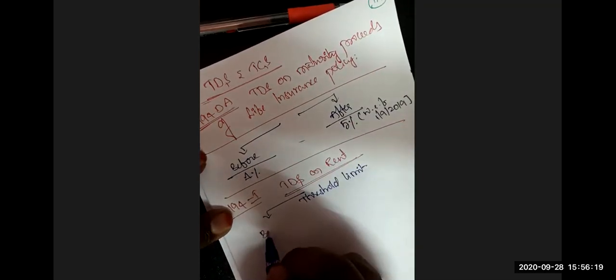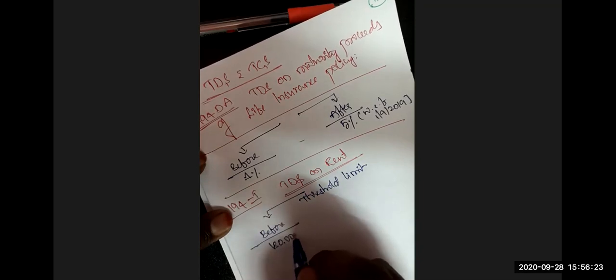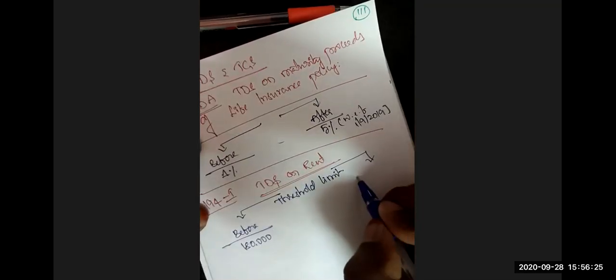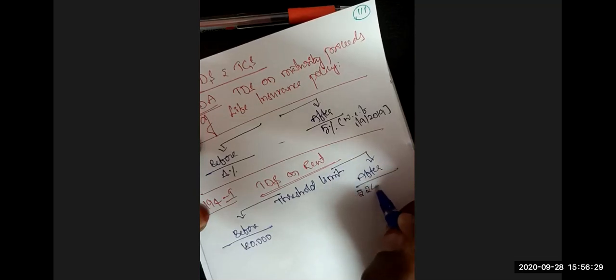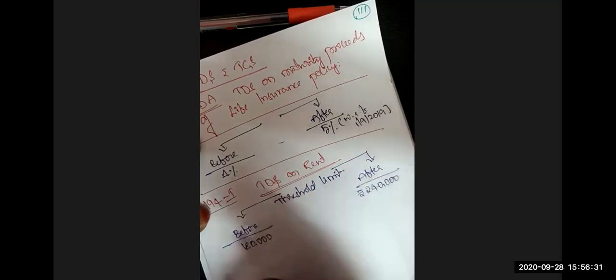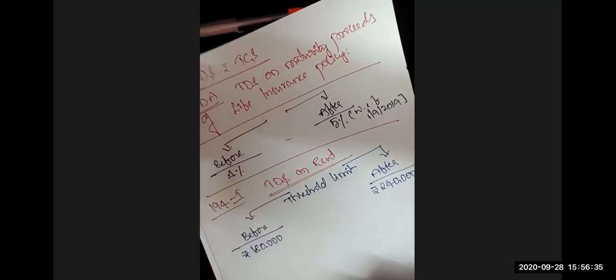Before the amendment, the threshold limit was 1,80,000. Now after the amendment, the threshold limit is increased to 2,40,000. This is yet another very important amendment.